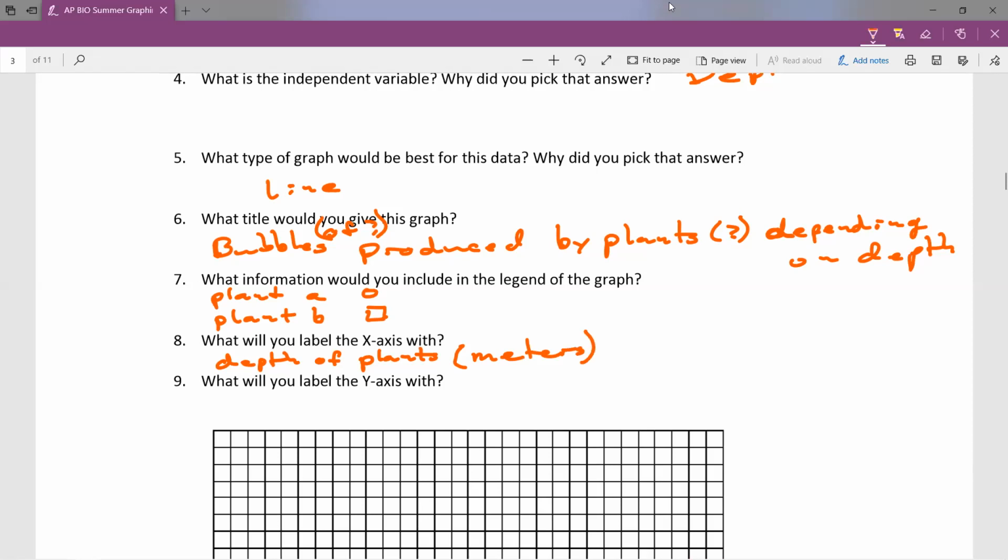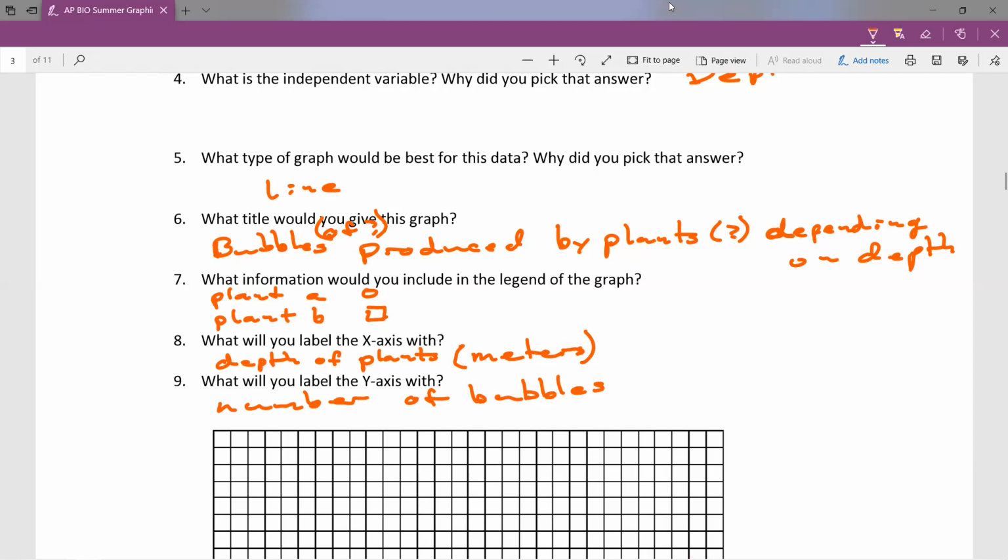And the y-axis would be? Number of bubbles. Now, we're not going to put anything like meters or whatever, because number of bubbles is number of bubbles.